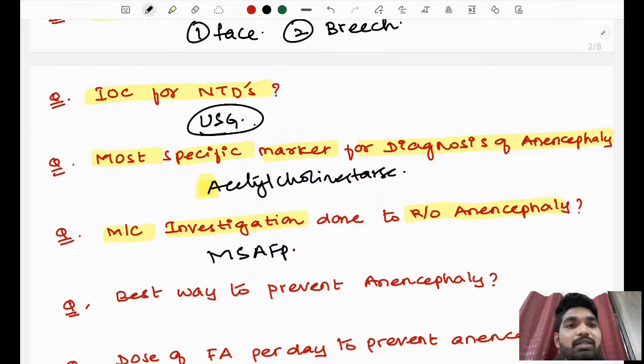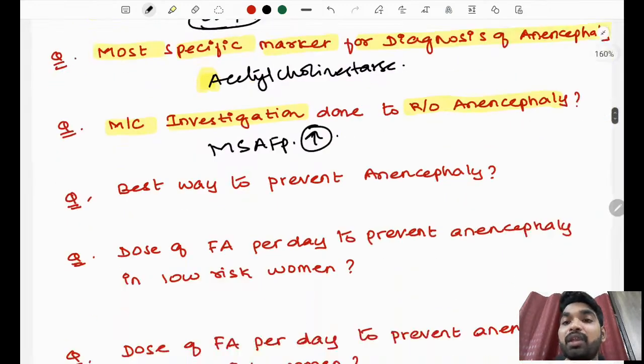Ultrasound, TIFA scan, everything is done with ultrasound only, right? So the most common investigation done to rule out anencephaly is maternal serum alpha fetoprotein levels, which are raised in anencephaly.